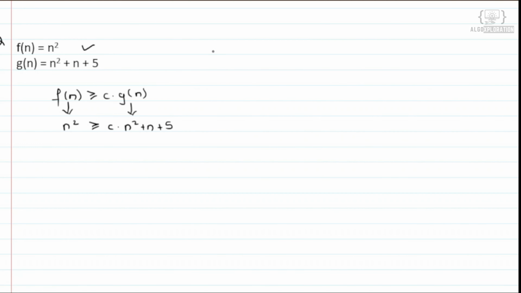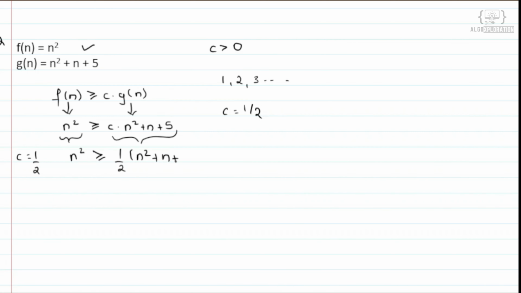Now the value of c should be greater than 0. If we put c equals 1, it will not make any sense, because the n square term should be greater than this. So if we put c as 1 or 2 or 3 and so on, it will not make any sense. So we have to take c as 1 by 2. So let's take c as 1 by 2. N square is greater than or equal to 1 by 2 into n square plus n plus 5.